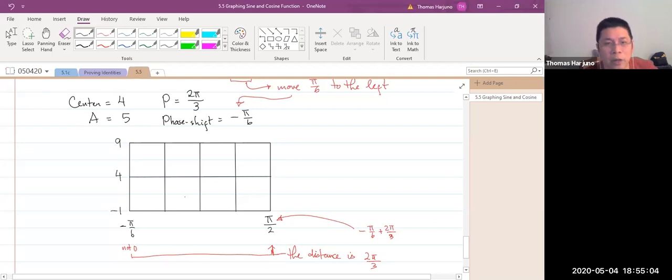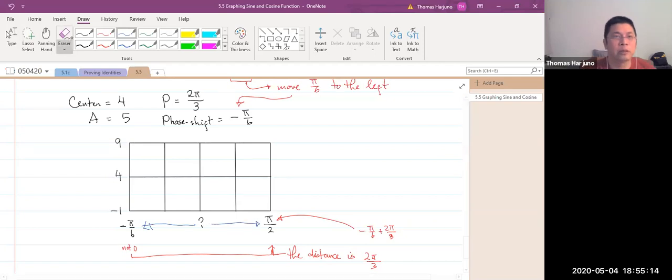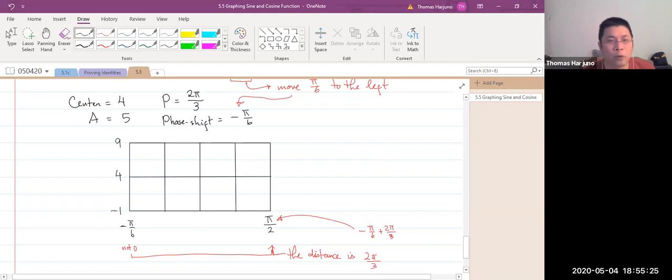So this guy here is the midpoint of this guy and this guy. Use the midpoint formula. If you use the midpoint formula, I believe you will get pi over 6.